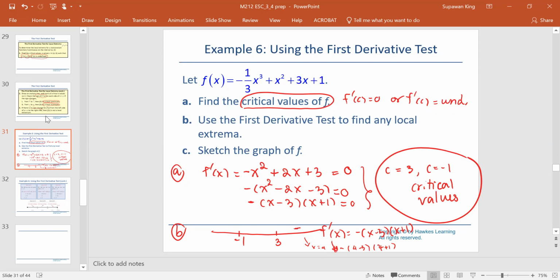Similarly for the middle interval, if we pick x equals 0, f prime at 0 is going to be a negative sign times a positive sign, so we return a positive sign for f prime. And similarly, on the left-hand side, we have negative for f prime.